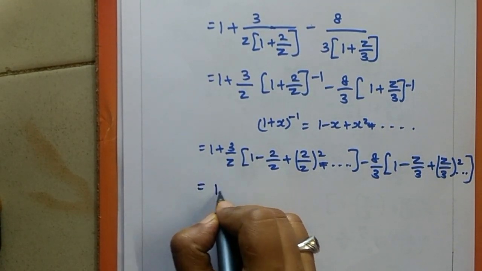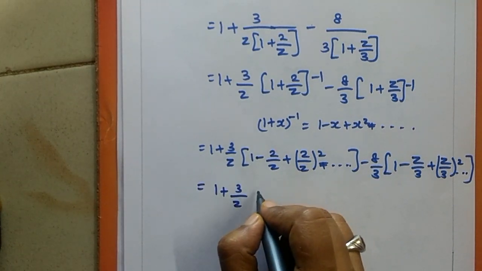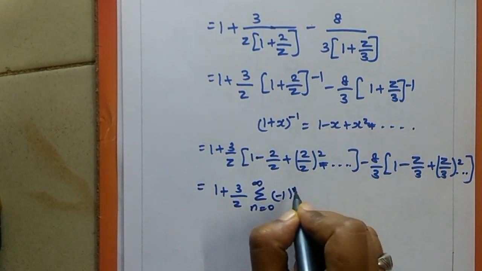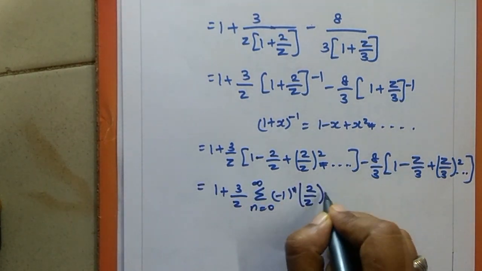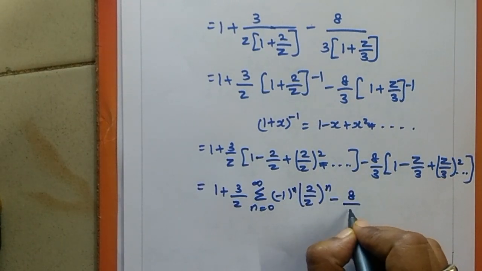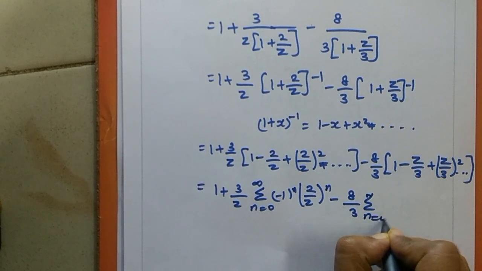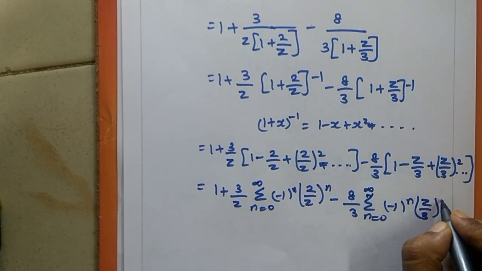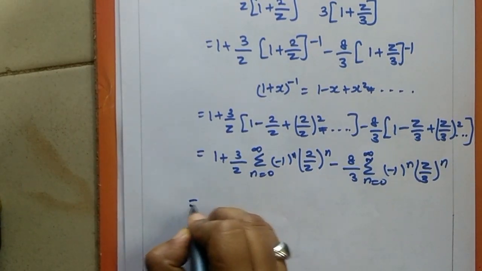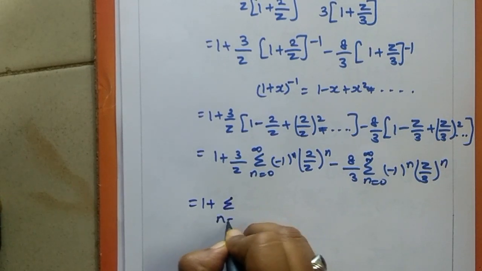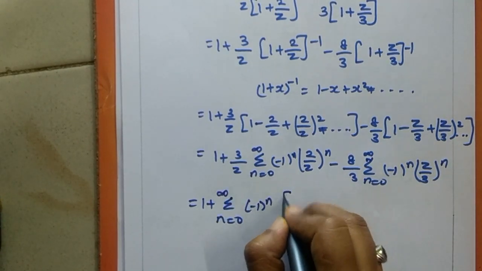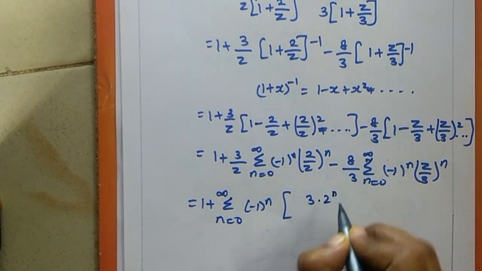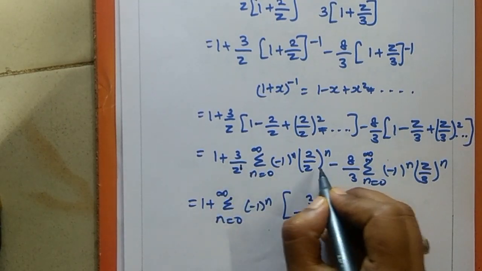Now we take the Taylor series representation, summation n equals 0 to infinity minus 1 power n. In terms of x, we have 2 by z, so this power n. Similarly, minus 8 by 3 into summation n equals 0 to infinity minus 1 power n, here we have (z by 3) power n. So we take common out summation n equals 0 to infinity minus 1 power n, 3 into 2 power n divided by z power 1, here z power n.